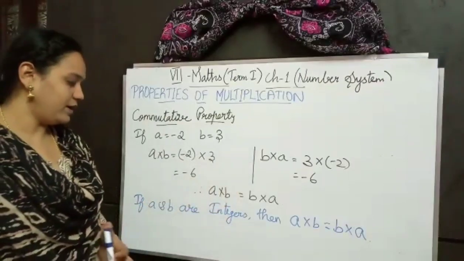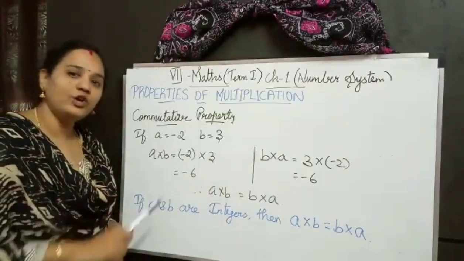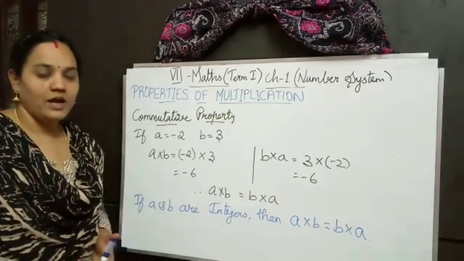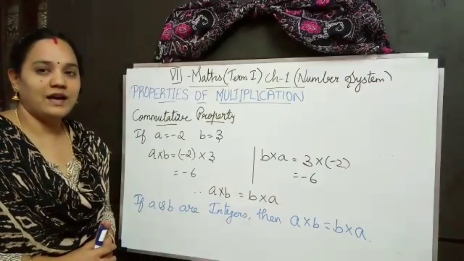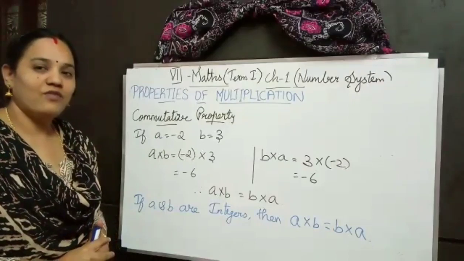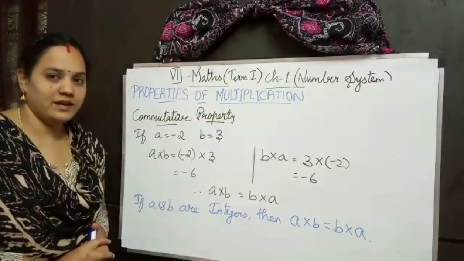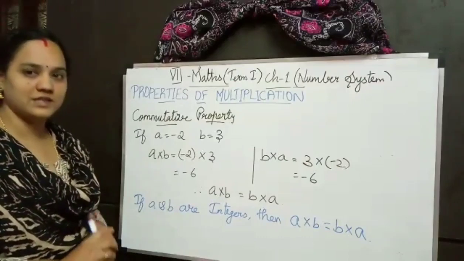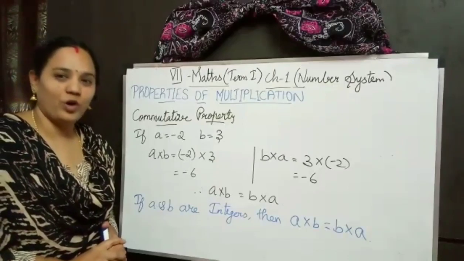Now this property says if A and B are integers, then A into B is equal to B into A. If the order of the integers changes, then there is no change in the value of the product of those integers.